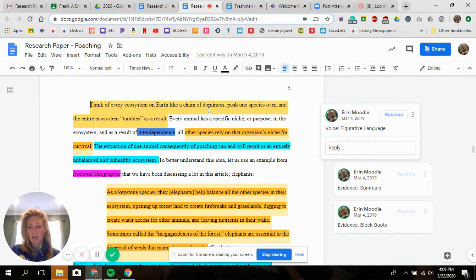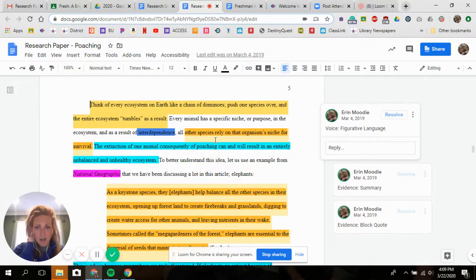Guys, just because you're writing an argumentative research-based paper doesn't mean it has to be super dry and extremely boring. I can actually visualize the impact now, or what they're trying to prove, that this is really important because we're all linked together, just like dominoes, and that things are going to tumble. So it makes it more dramatic and it makes it more fun to read.